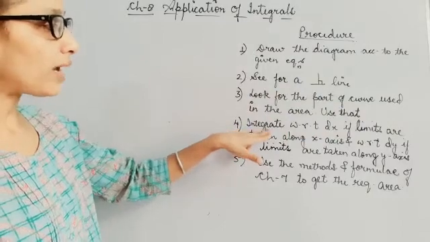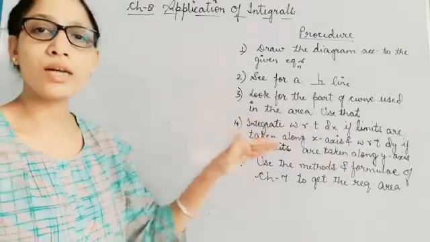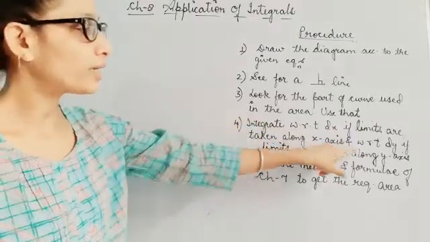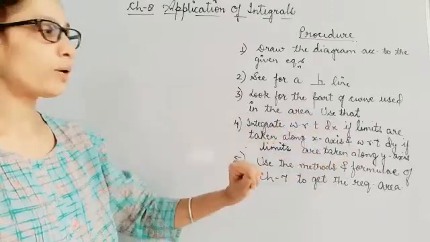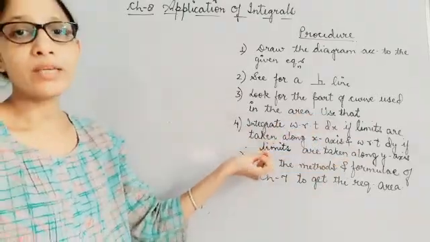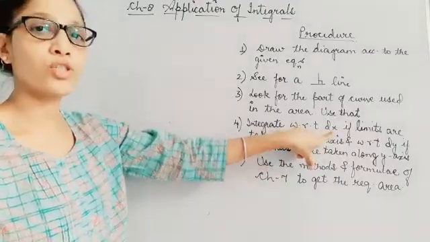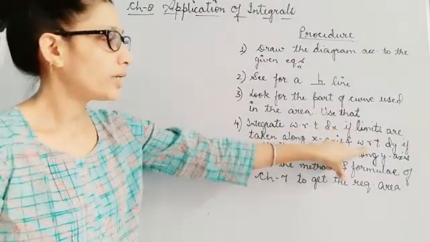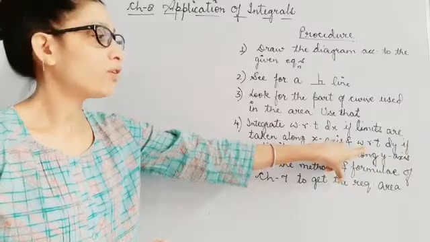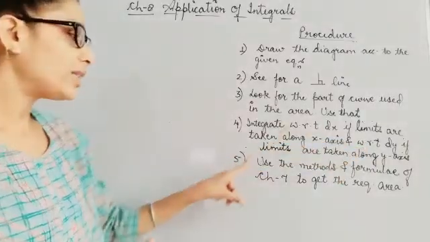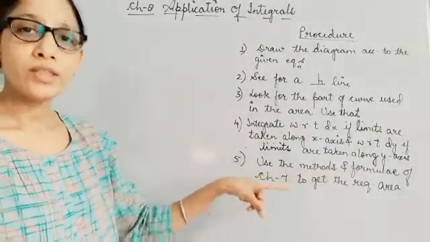Fourthly, you have to integrate with respect to dx if you are taking the limits along the x-axis, and if you are taking the limits along the y-axis, then you have to integrate with respect to y. You will also be forming the function. Since you are integrating with respect to x, your function should be in x only. If you are integrating with respect to y, then the function you form will be in terms of y. And then you have to use the methods and formulae which you have read in chapter 7.